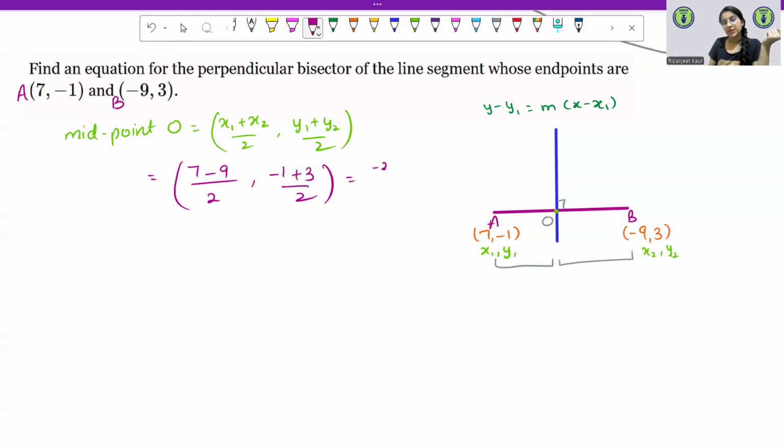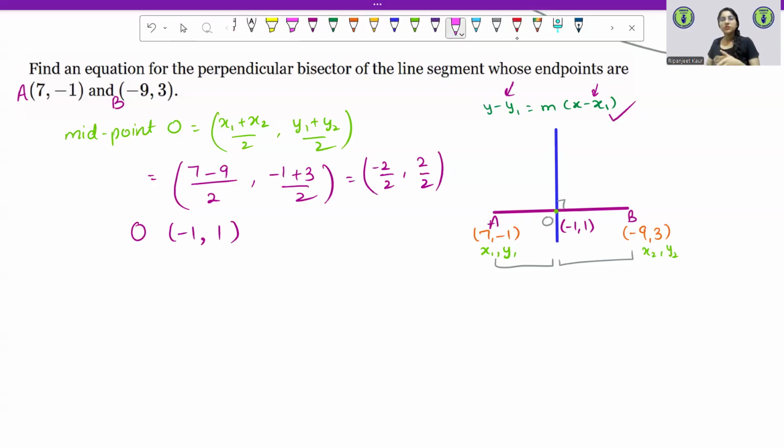So this gives us negative 2 over 2, 2 over 2, which gives us negative 1 and 1. That's right. So we got the coordinates of this. Now, when we got the point here, we want to find out the slope.